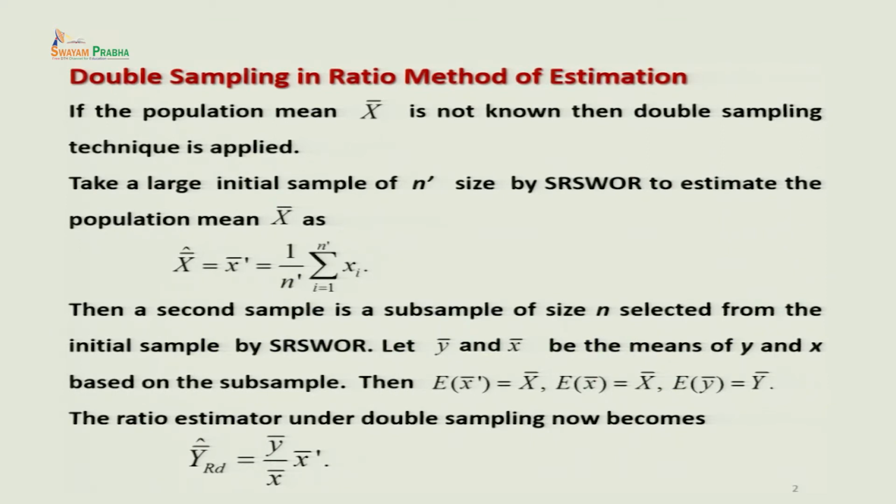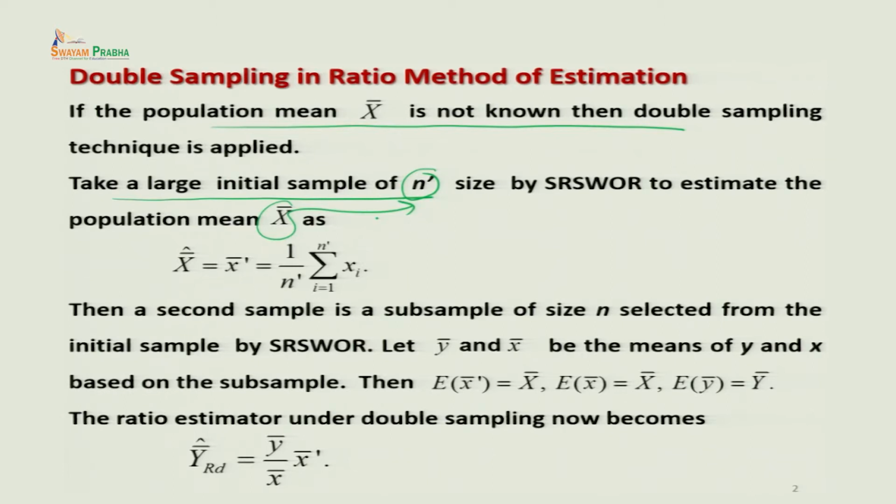Just for a quick review of what we did in the last lecture: we assumed that the population mean capital X bar is not known to us, and we use the double sampling technique. For that, we took a large initial sample of size n prime and estimated capital X bar from it.